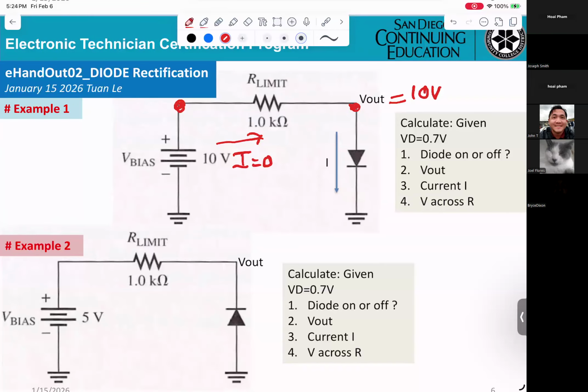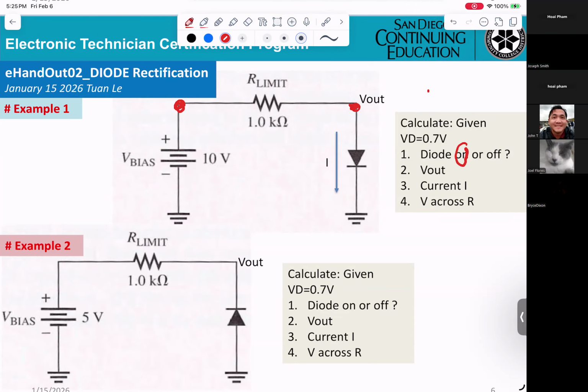Then we can get the diode back. So the diode will be on. Diode off. Now, next step.